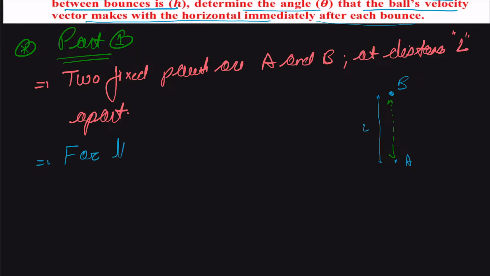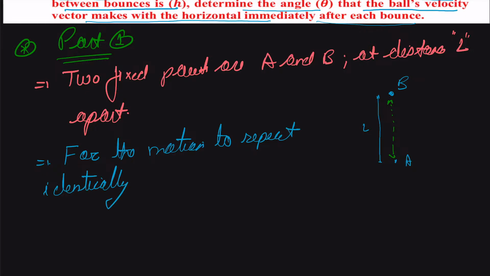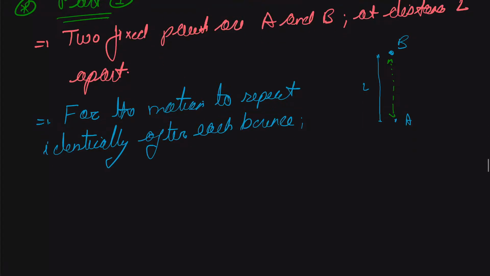Therefore, we can write that for the motion to repeat identically after each bounce, following conditions must hold.